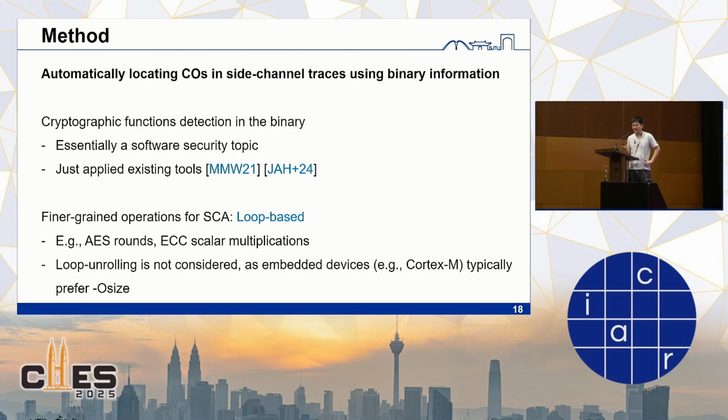So we need to find finer-grained operations. So here we decided to use the loop body as a basic CO unit, because it constitutes most of the cryptographic operations we know, and it's relatively easy to determine in the firmware.